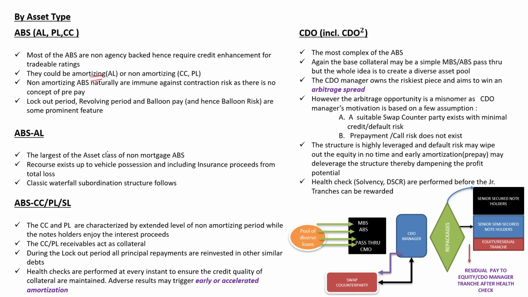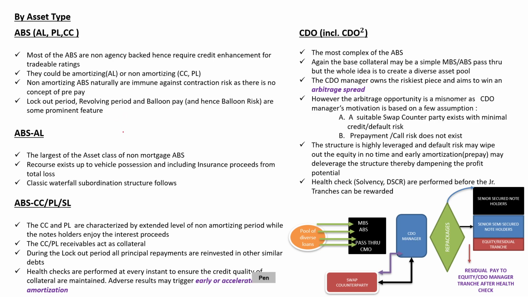That means that to this extent, the auto loan borrower would not only be paying the interest, but the scheduled principal as well. But unlike a mortgage security, the auto loan borrower may not be paying part principal. So the prepayment risk in case of an auto loan is not that significant as that of the underlying property in case of a residential mortgage.